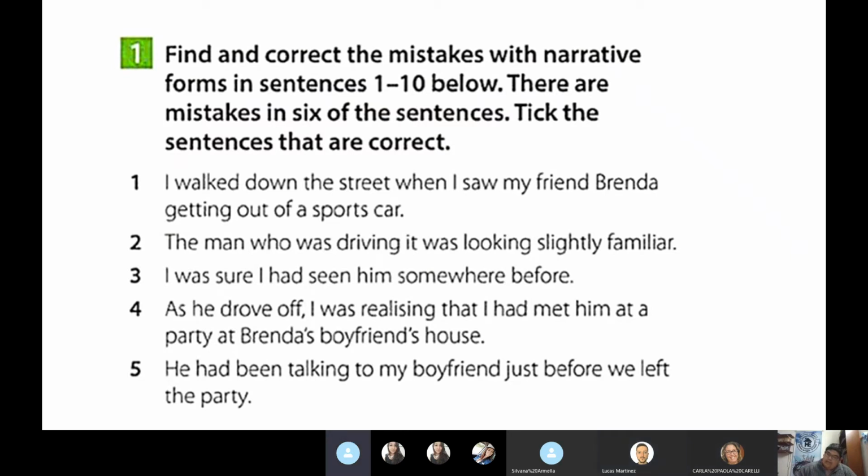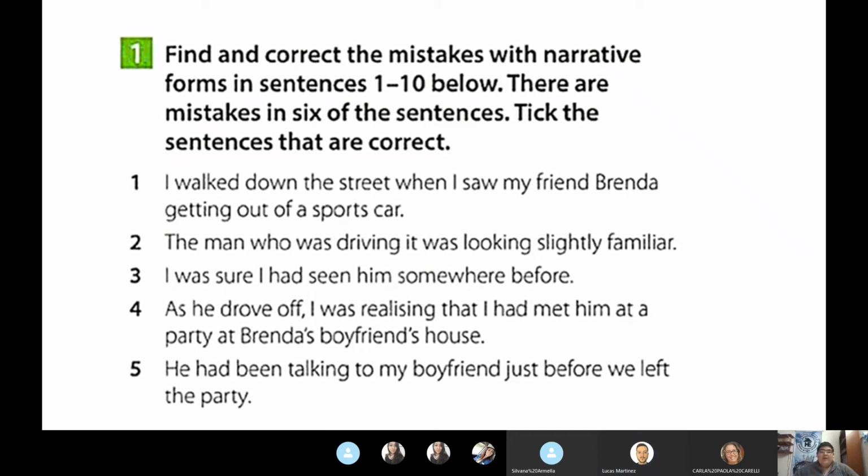It means that at that time she was sure. It is in the past. So, I was sure I had seen him somewhere before. There's no mistake there, people. Yes? There's no mistake there. Estaba seguro de que lo había visto en algún lado. Okay.